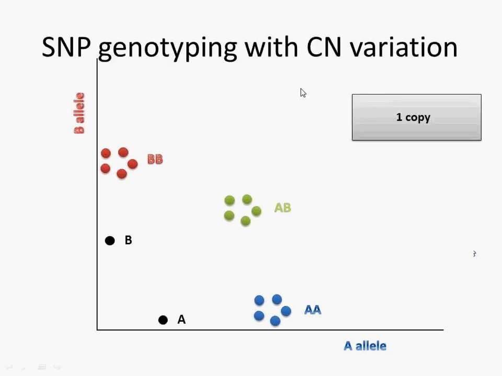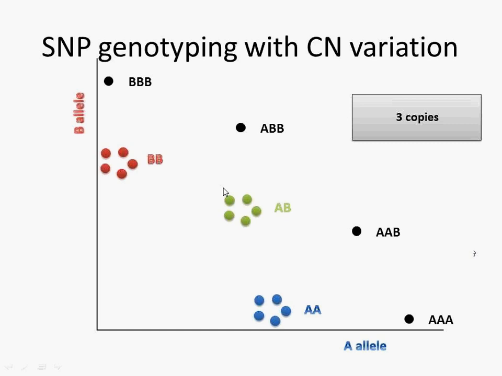When you're doing SNP genotyping with a copy number variation, here 1 copy, you start getting clusters that have only 1 allele, so the intensity of representation of the B allele is basically cut in half, and similarly for the A allele.